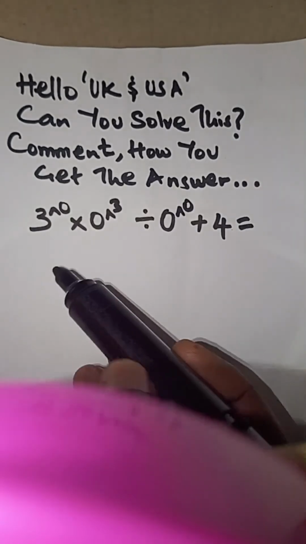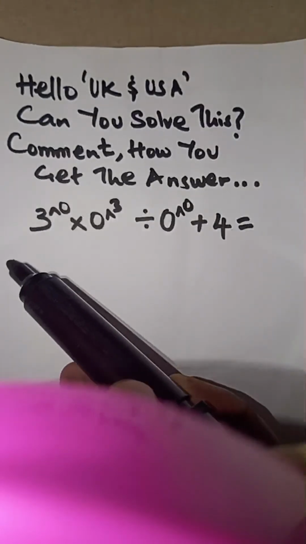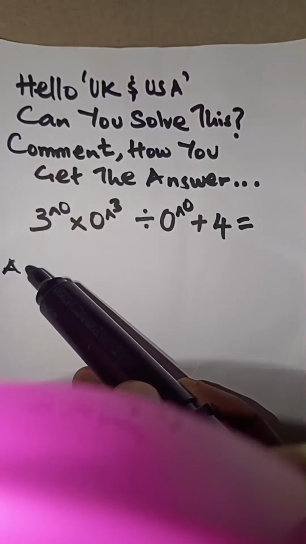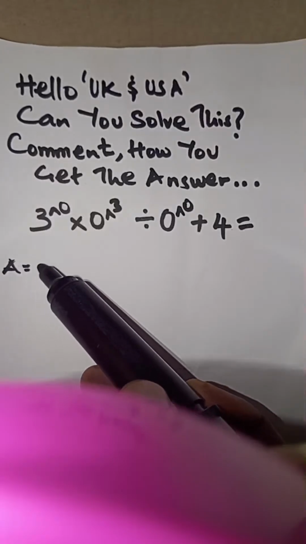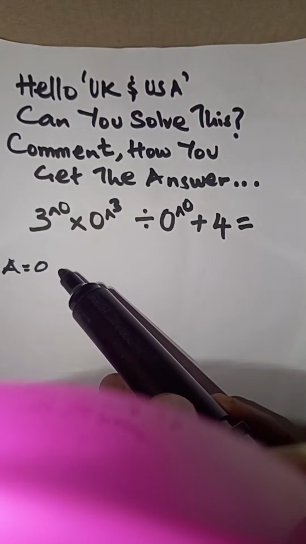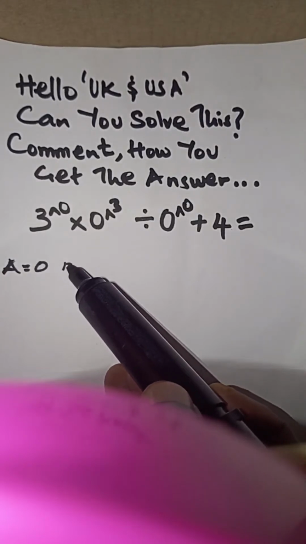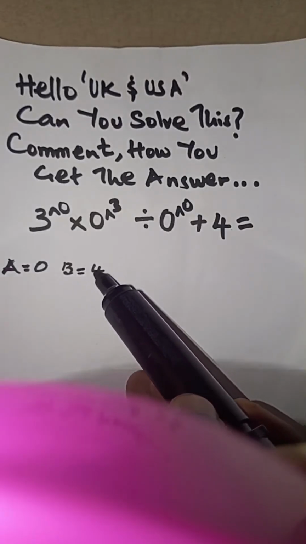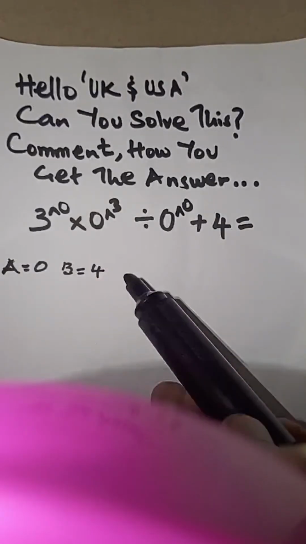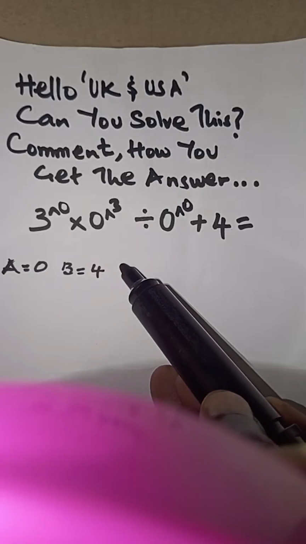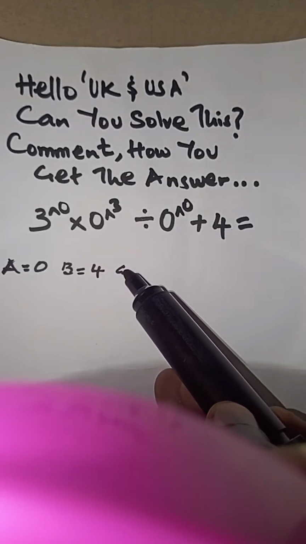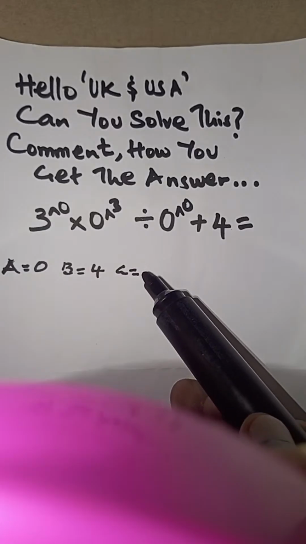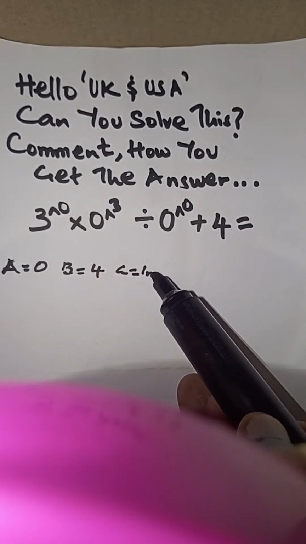So for our case, the first answers are that somebody is getting 0, another person is getting 4, and another person is getting the answer at infinity.